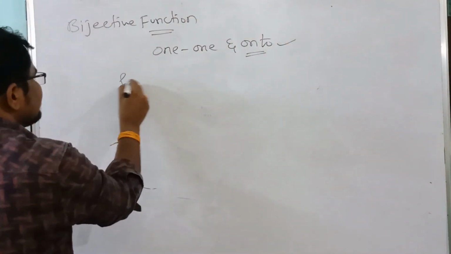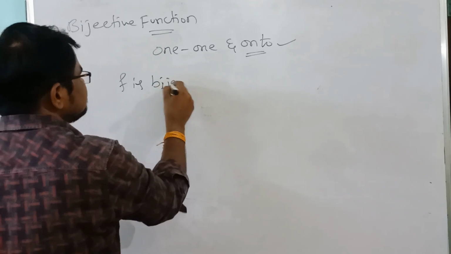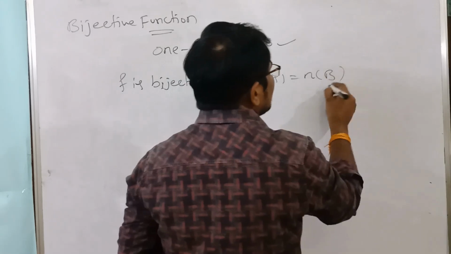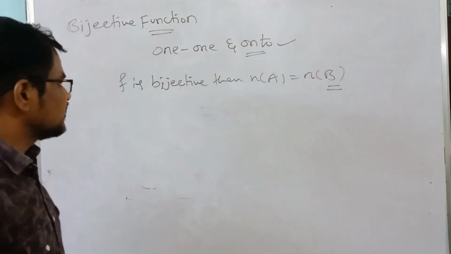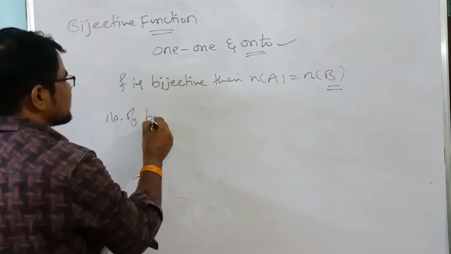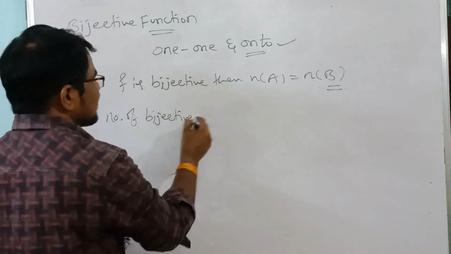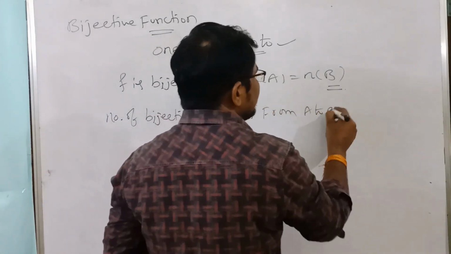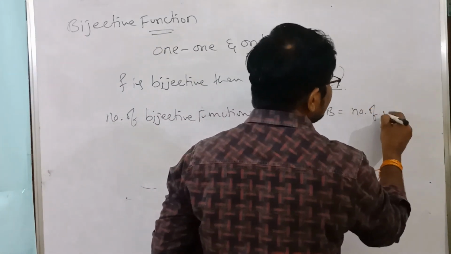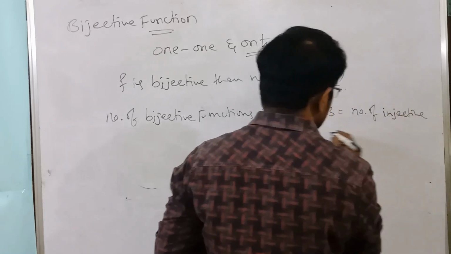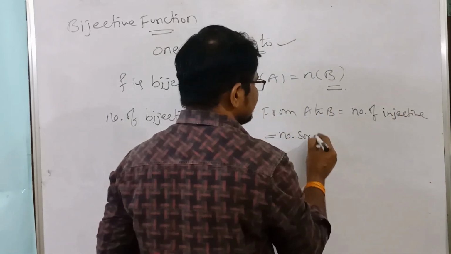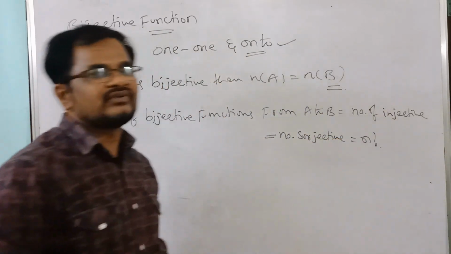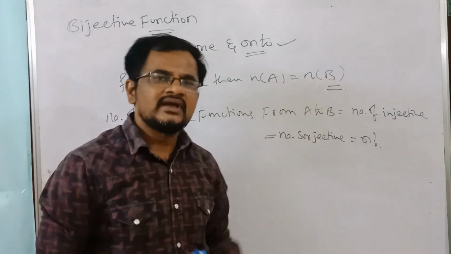Suppose f is bijective, then the number of elements in A equals the number of elements in B. And the number of bijective functions from A to B is the number of injective functions, which is also the number of surjective functions, that is N factorial, because n(A) equals n(B).